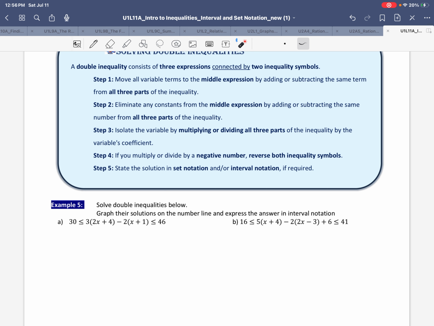Well, double inequalities will be made of three parts, and the central part is being compared with two different polynomials. So the first example is sort of simpler, and as you can see here, you have just constant numbers. We're going to get started with this so that we can learn the process first, and as we make more progress, we're going to learn how to complicate this a little bit more.